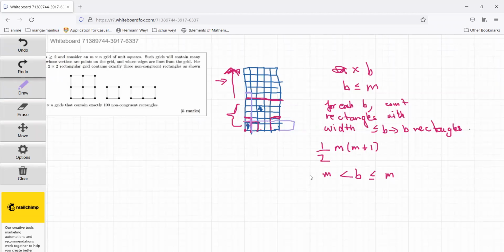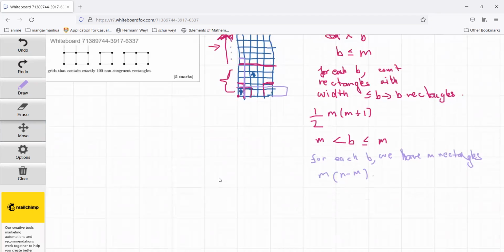So for each B in this domain, we have m rectangles. And how many B's are there here? There's n minus m of them. So it's m times n minus m possibilities here.